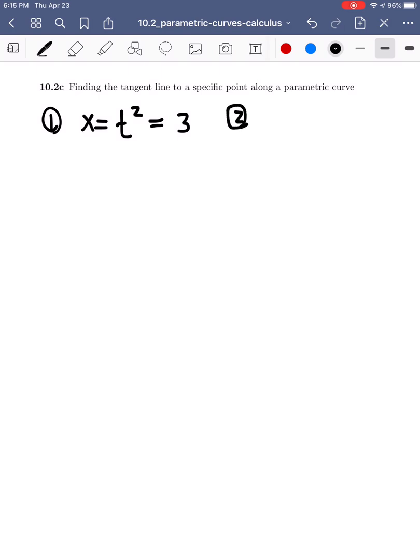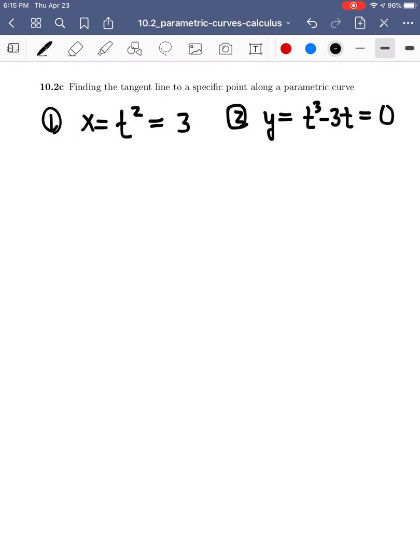In terms of y, we are told that y equals t cubed minus 3t, and we need that whole thing to be equal to 0. So hopefully you might start to get a sense of where we're about to go. We can take our equation for x and our equation for y and set them equal to the point that we care about, x equal to 3 and y equal to 0, and find what t-values work.